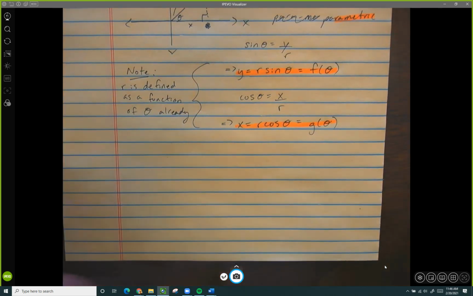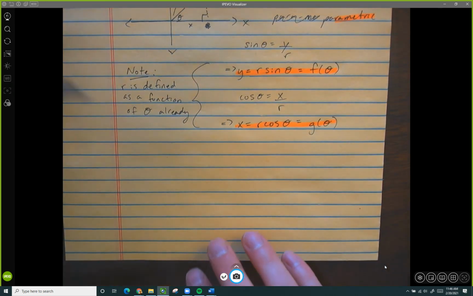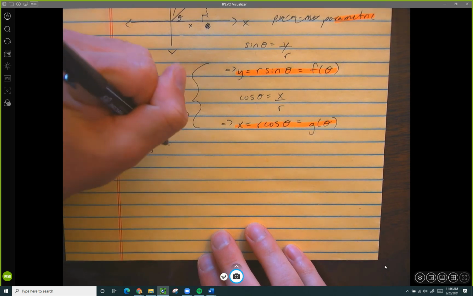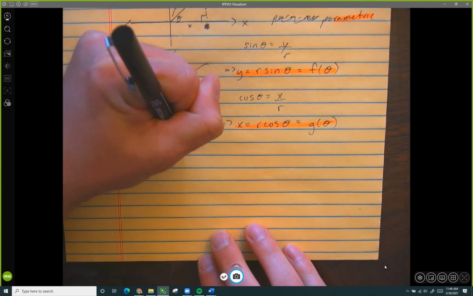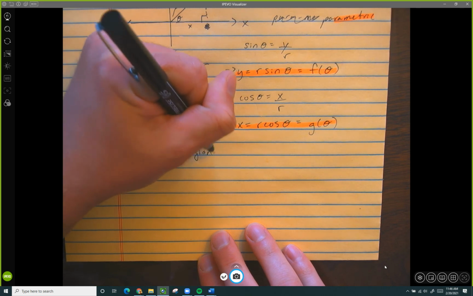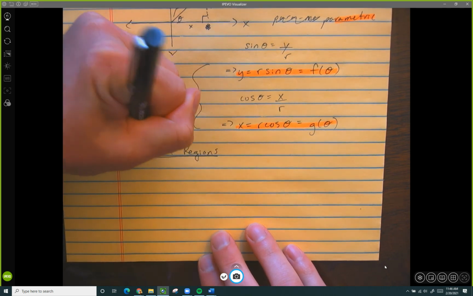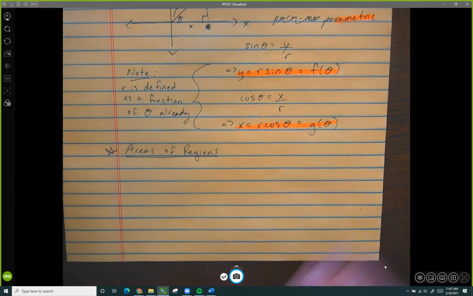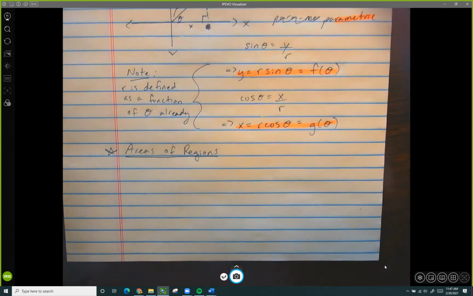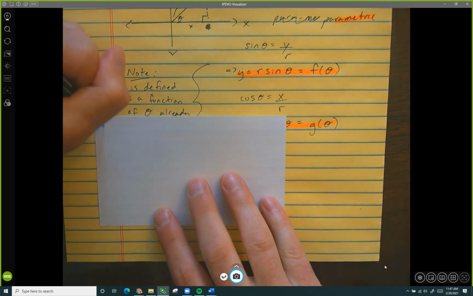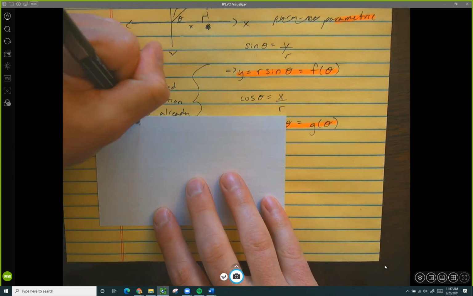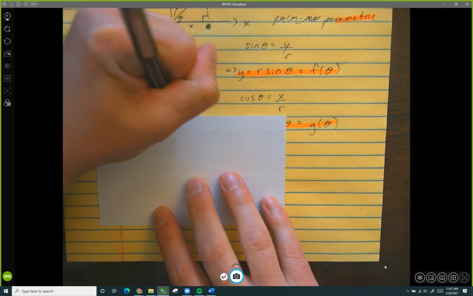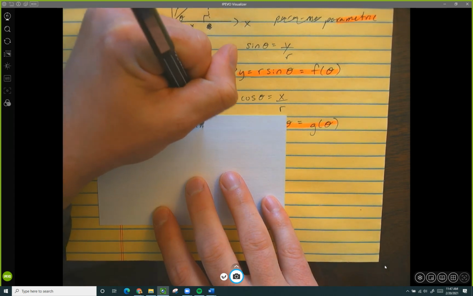How do we find areas of regions? It's a very common question on the AP exam. First, let's recall areas in normal function mode.